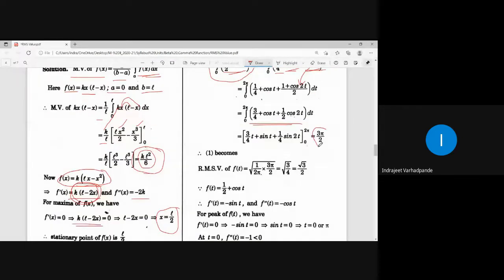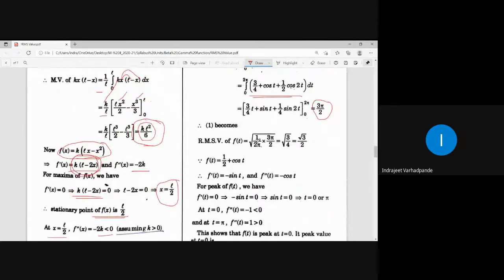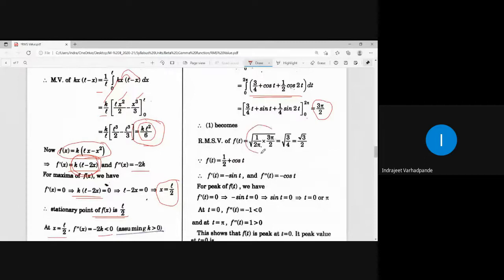Integrate, get the answer. The final answer for the range 0 to 2 pi comes out to be 3 pi upon 2. But this is mean square value. Root mean square value will be dividing by b minus a. B minus a is 2 pi and taking the square root of it.